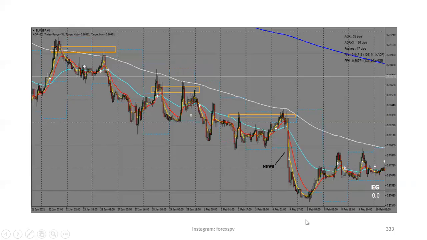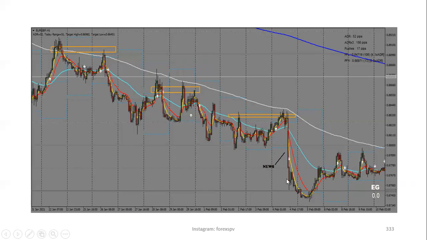When the dealer uses the news to complete level 3, he usually also grabs liquidity at that moment. So we would not be expecting the market to consolidate for a very long time in order to reverse. We should expect the market to reverse immediately after this move, like what happened here.